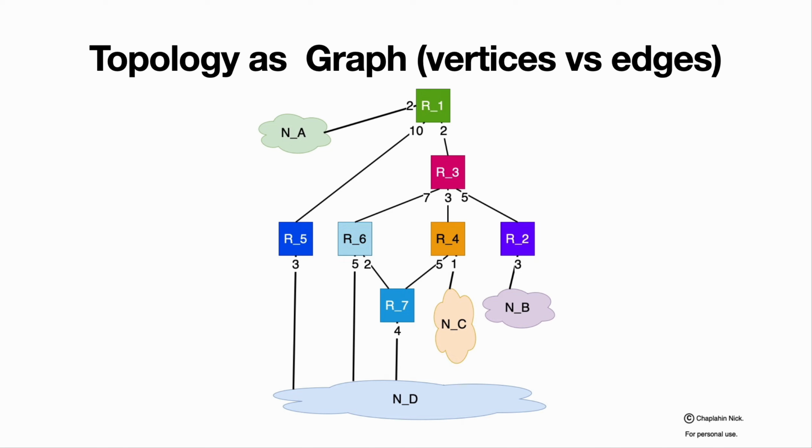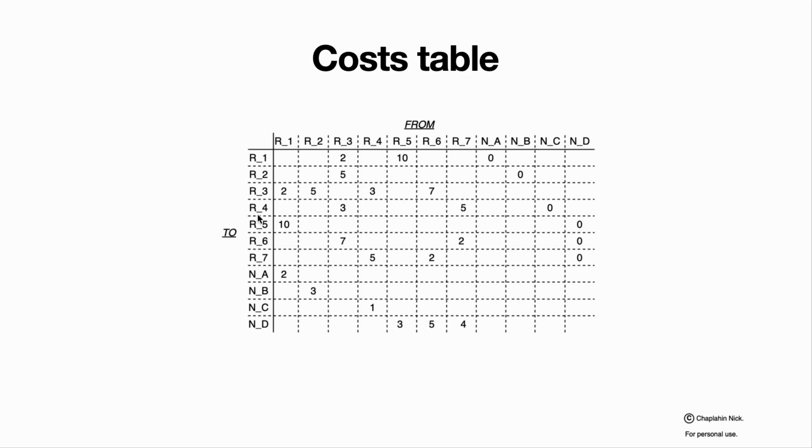So we can even fill a table of costs, similar to the table of connections, with one big exclusion. The cost of sending traffic from a network is 0. This is a requirement by the specification.